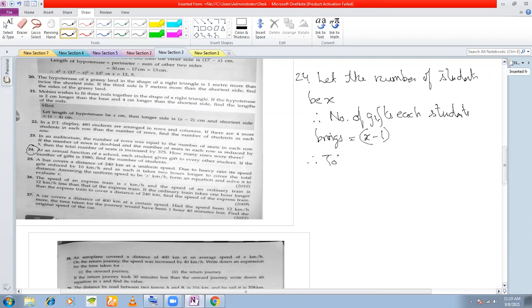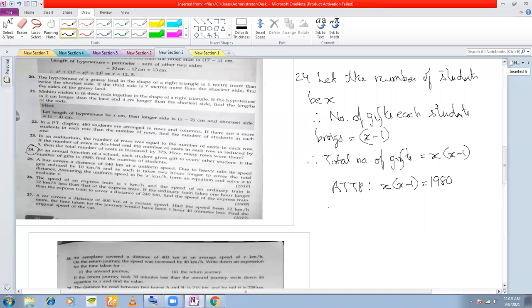Therefore, the total number of gifts is X into X minus 1. And according to the problem, how many gifts are there in total? 1980. So X into X minus 1 must be equal to 1980.